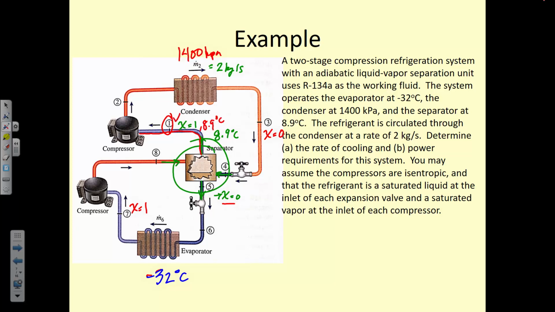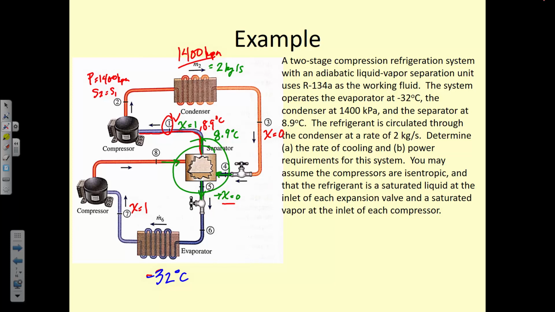We know everything about state 1. State 2, what do we know? S2 equals S1. Okay, S2 is equal to S1. What else? Mass flow rate. We know the mass flow rate. Does that help us find the property? We have a pressure, 1400 kilopascals, so P is equal to 1400 kilopascals.